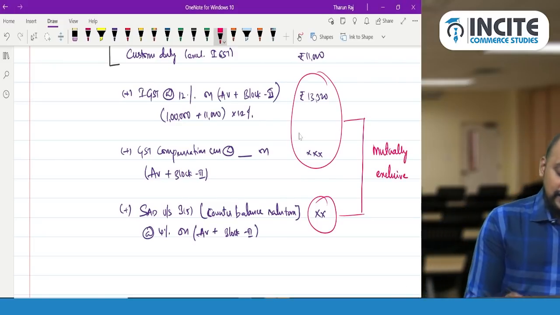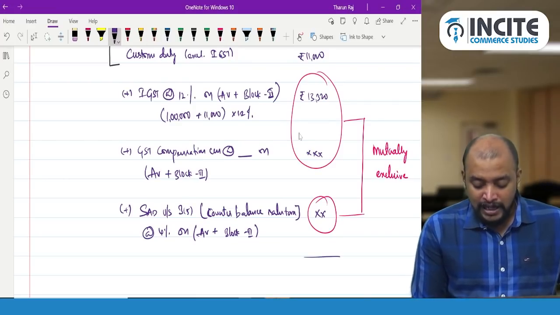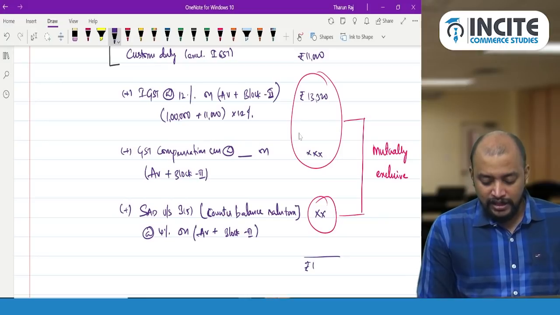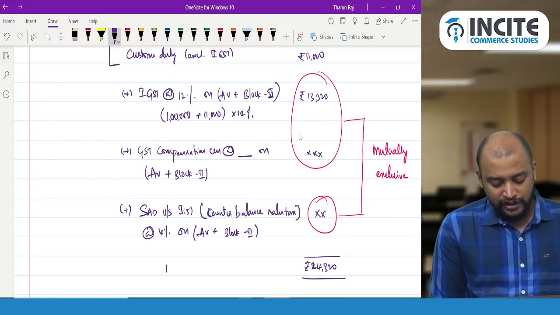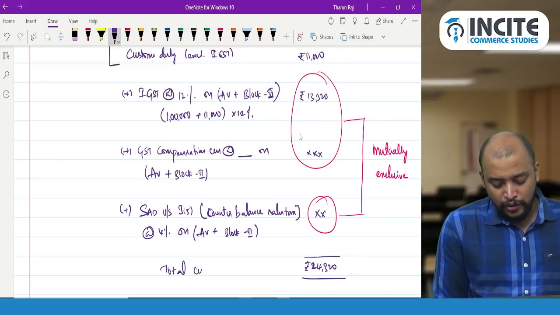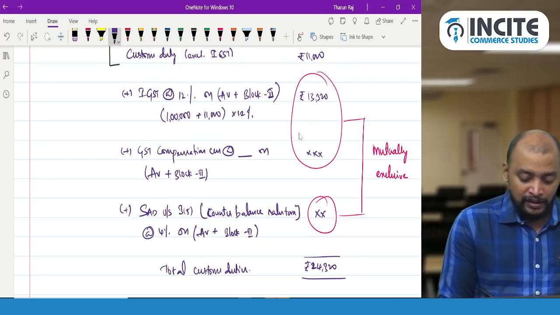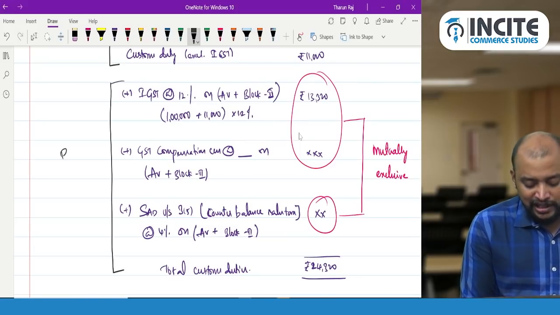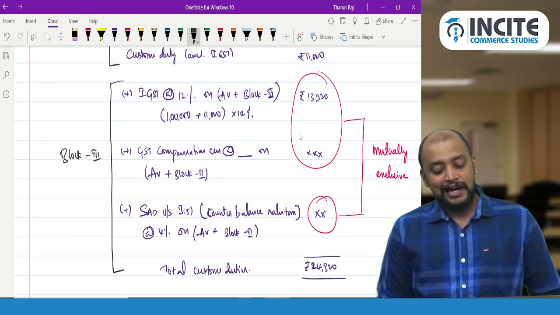And the total that we have got, 11,000 plus 13,320, that is 24,320, is known as total customs duties payable. So this is block 3. In block 3 majorly we take IGST, GST compensation cess and SAD.